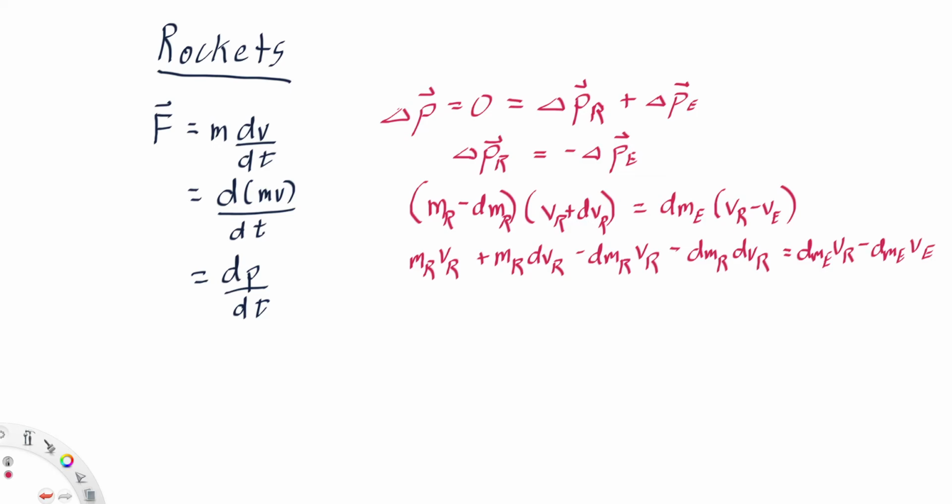So now we're going to do something that physicists do from time to time. We say, well, dm is small and dv is small. So dm dv, that's super small. In fact, it's so small we might as well say it's 0. So we're just going to totally ignore this term.